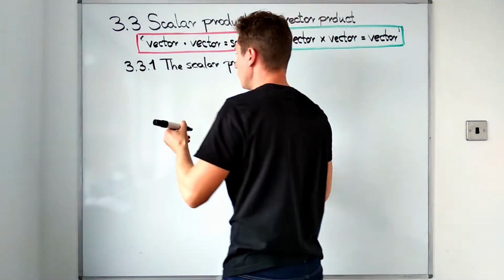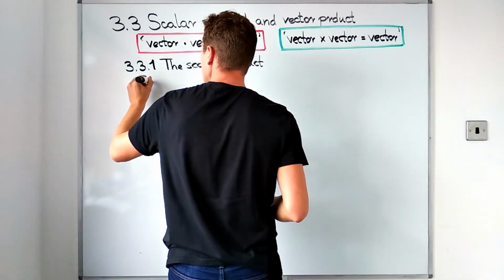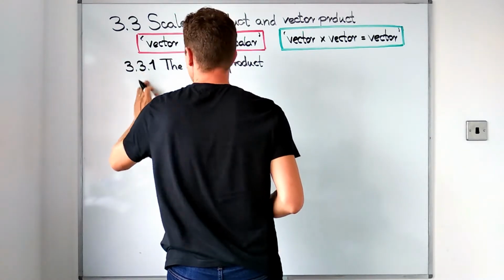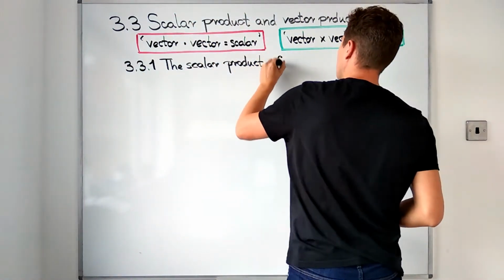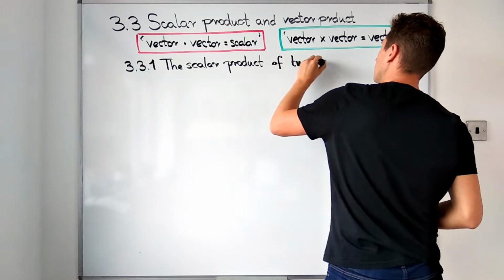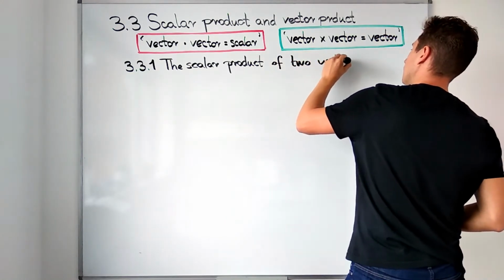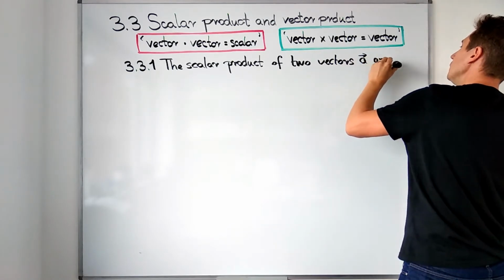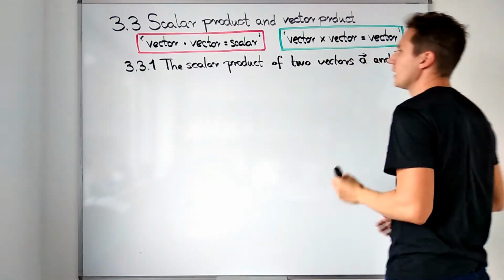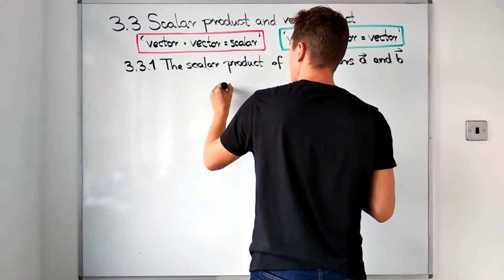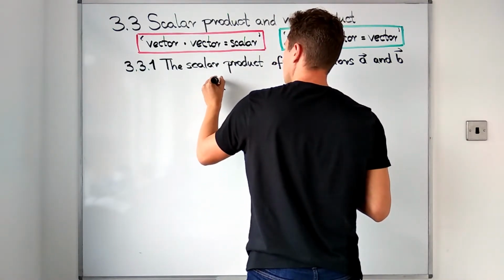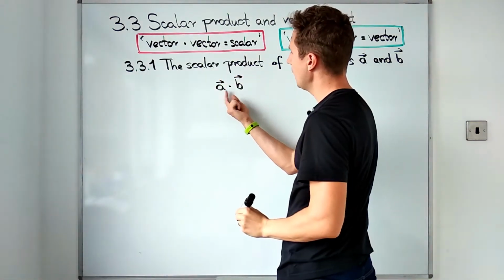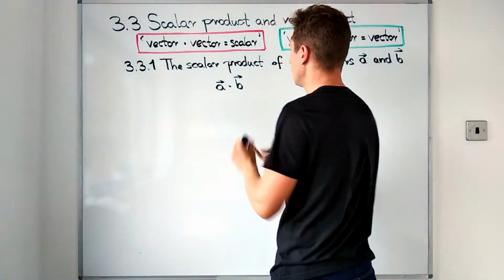Let's take two vectors a and b. The scalar product of two vectors, let me call them a and b, is defined as follows. It's denoted by a dot vector b.